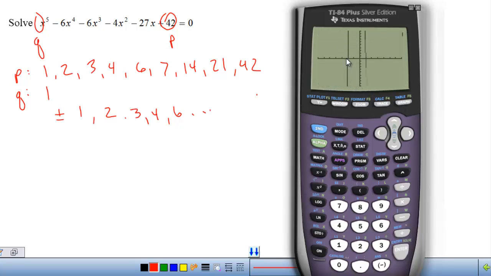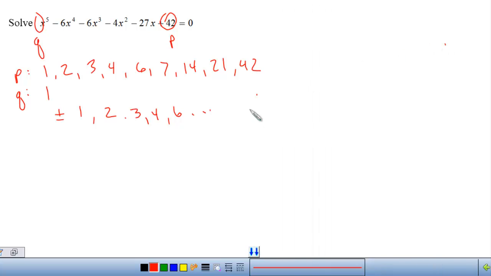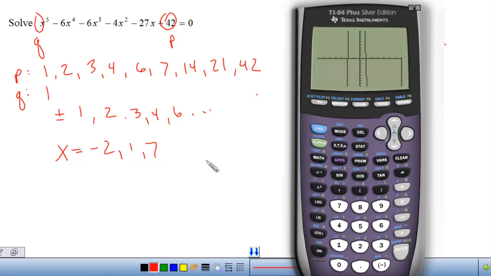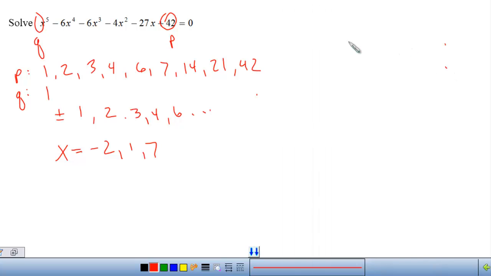There's one of them, looks like negative 2, one of them at 1, and one of them, it looks like 7. So I have zeros or roots at, and we can always verify those by going to our calculator and looking for the zeros. There's one at 7, one at 1, and one at negative 2.